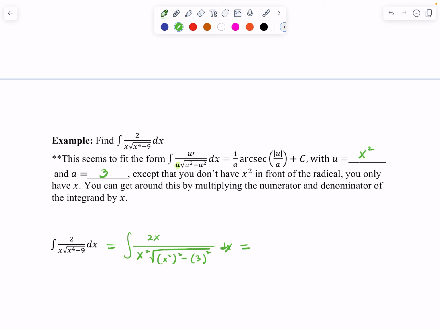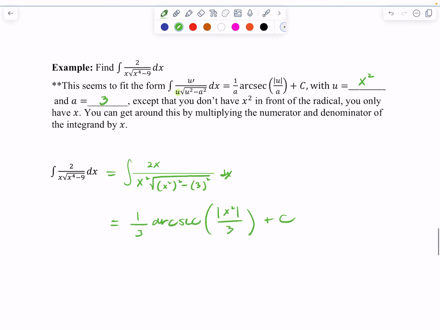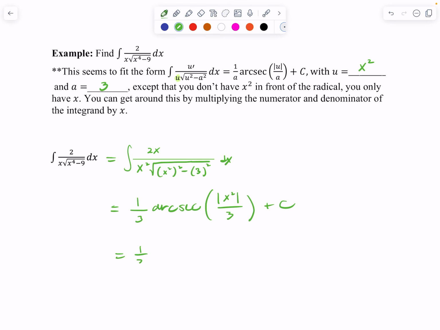Okay, so then the integral would be equal to 1 over 3 times arcsecant of absolute value of x squared, which you don't actually need the absolute value bars there since x squared is implicitly positive, over 3, and then don't forget your plus c. So again, if this were a multiple choice, you probably wouldn't see those absolute value bars as a possible answer.